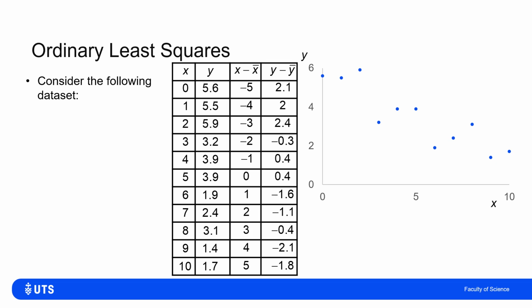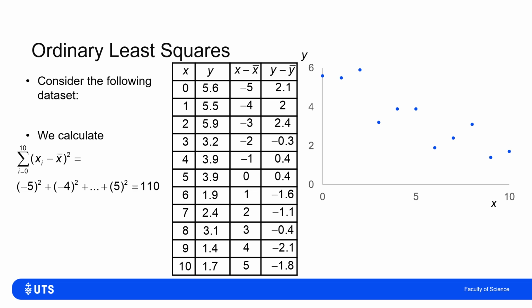If I now put in two more columns to this table, the xi minus x bar and the yi minus y bar, how much above or below the mean of its variable is each observation? So when I sum the xi minus x bar column all squared, well, I've got minus 5 squared plus minus 4 squared plus minus 3 squared, and so on.